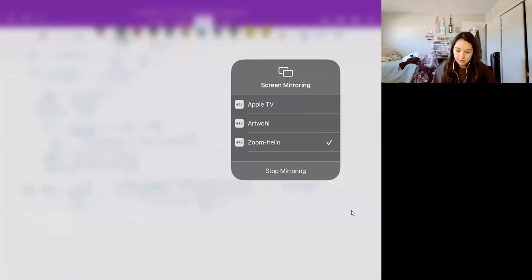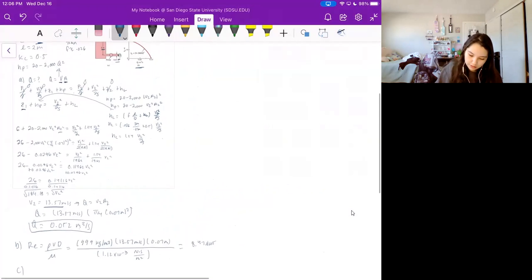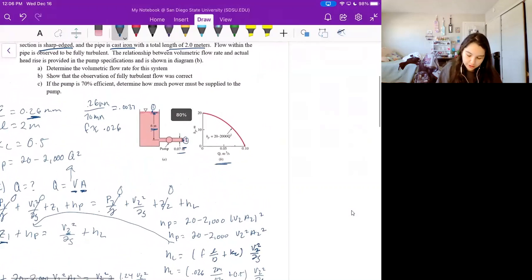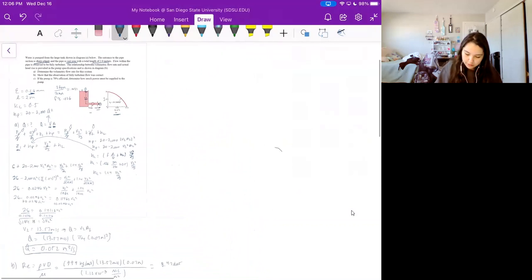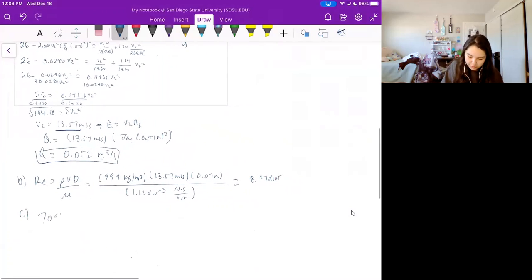Continuing to part C. Part C stated, if the pump is 70% efficient, determine how much power must be supplied to the pump. So we know that efficiency is 70%, which means that eta is equal to 0.70.